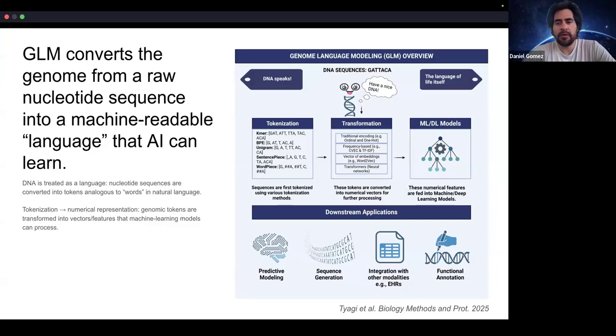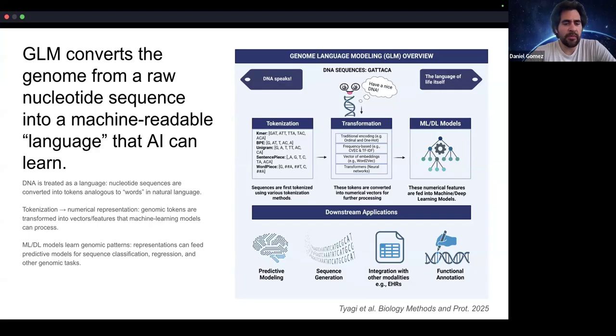These tokens are converted to numerical vectors for further processing. Numerical features are fed into ML and DL models, and ML and DL models can learn genomic patterns. Representations can feed predictive models for sequence classification, regression, and other genomic tasks.